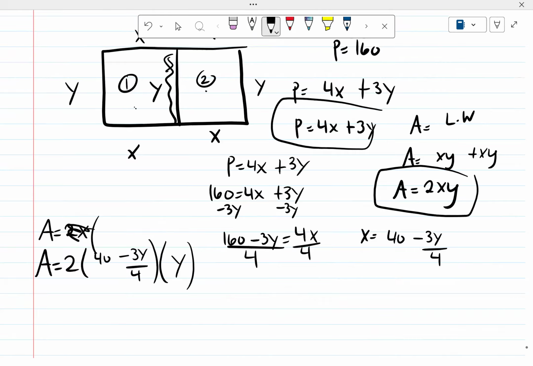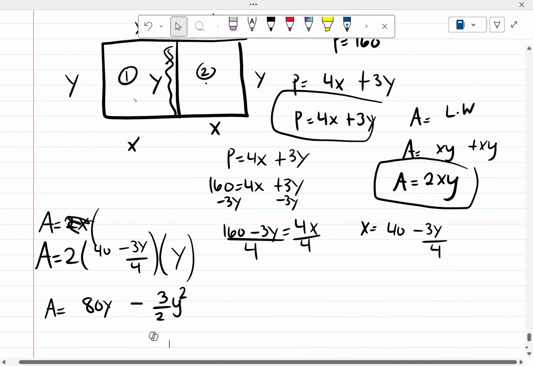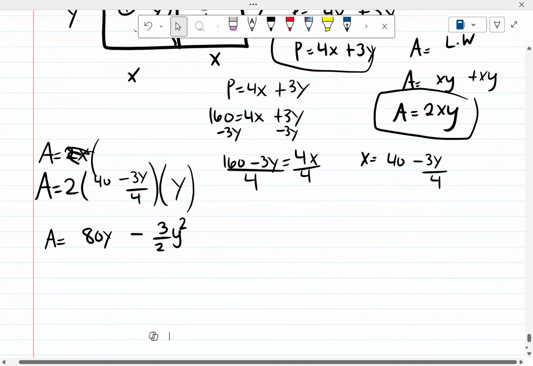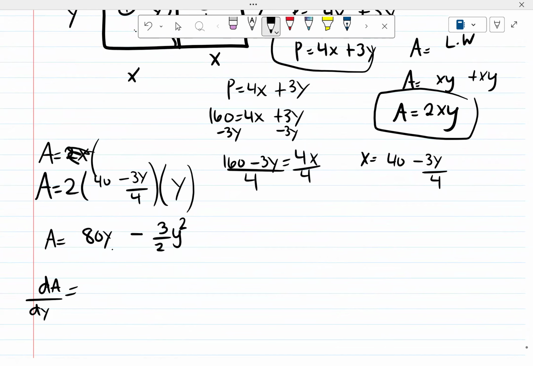Replacing x in the area formula, you get A equals 80y minus 3 half y squared. So then what I'm going to do is take the derivative of this formula, dA/dy, with respect to y. dA/dy is equal to the derivative of 80y, which is 80.